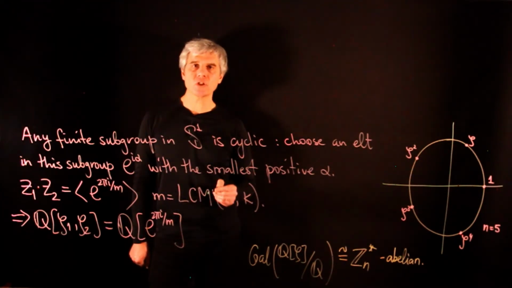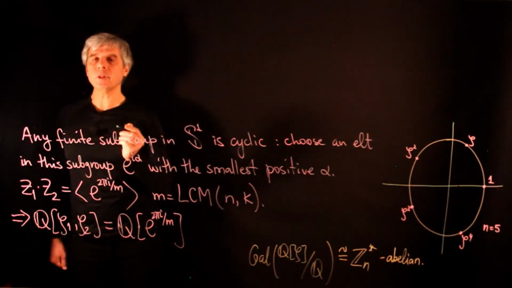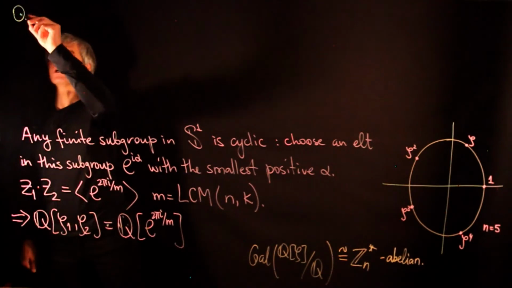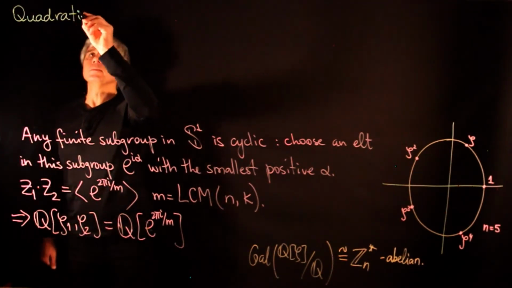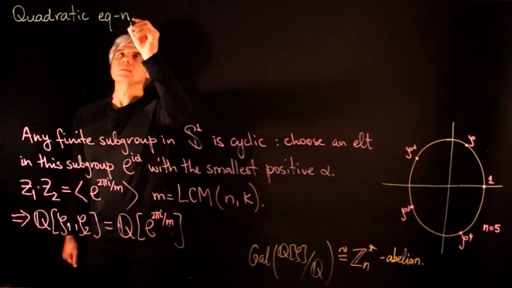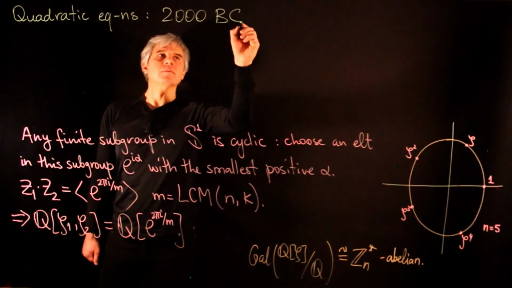The primary mission of algebra is solving various sorts of equations. In some form, people knew how to solve quadratic equations since Babylonian times, so 2000 BC.